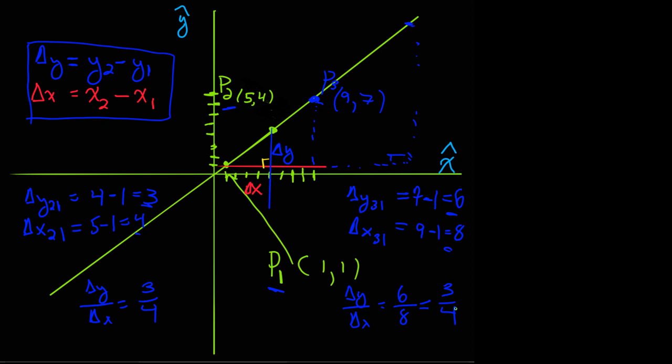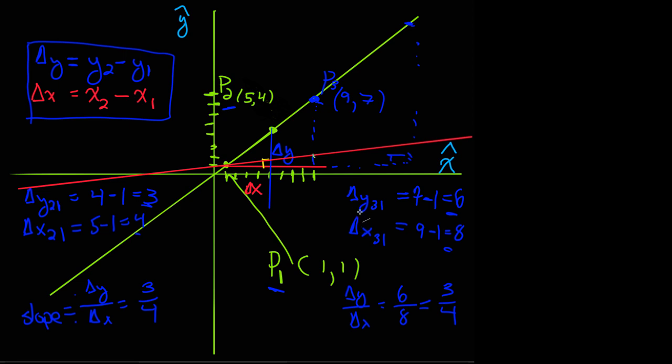So the triangles that a line creates always have the same ratio of height to length, or the base, right? The height to base ratio is always the same. And this height to base ratio is what we're going to call the slope. Because it's always the same, and it will be different for triangles that have different slopes. If I were to make another triangle, and I'm just going to do a random one here, let's start over here and go through that point like that.